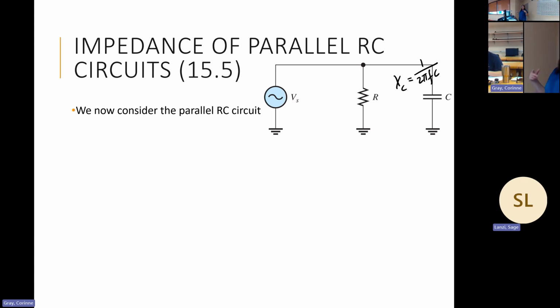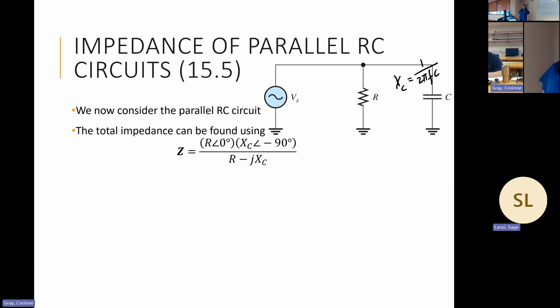Because we have inverses involved, that is division, so very often you'll see this done in the polar form instead of doing it in the rectangular form. But it looks a little something like this once you combine them together. So here we have Z, which again is going to be used to represent the impedance.